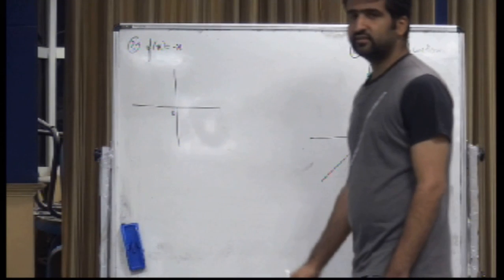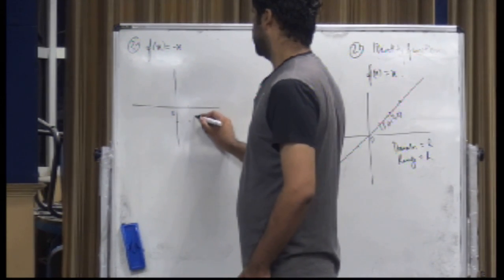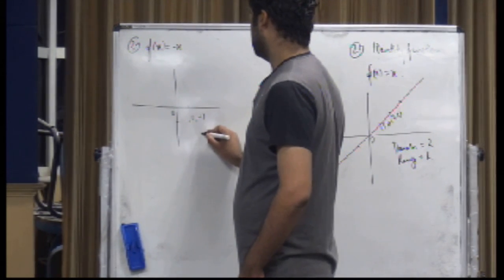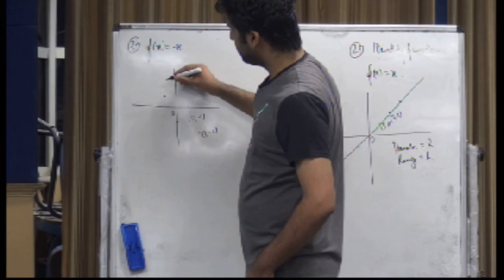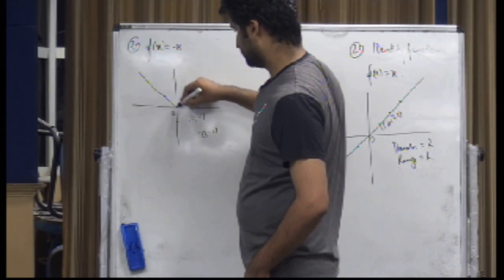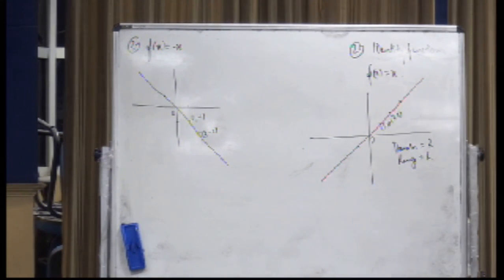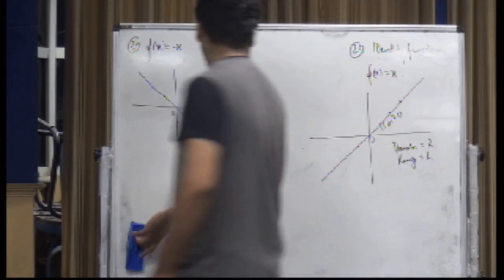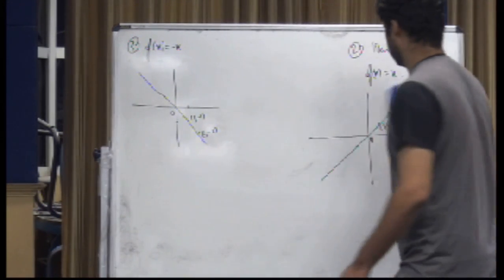In this case, if you put x is equal to 1, you get minus 1. So 1, minus 1 is a point. 2, minus 2 is a point. Minus 1, 1 is a point. So this line goes like this. So this is a graph f(x) is equal to minus x.